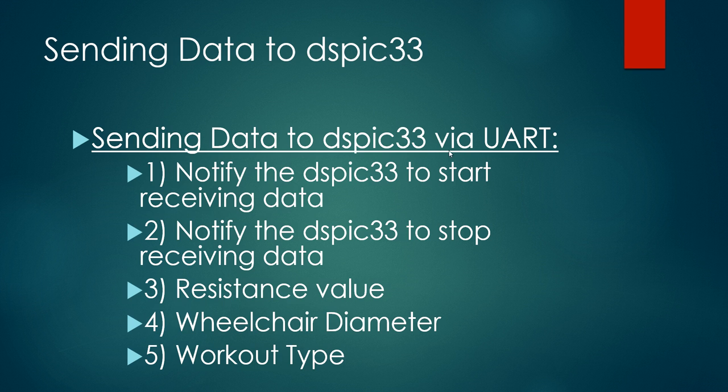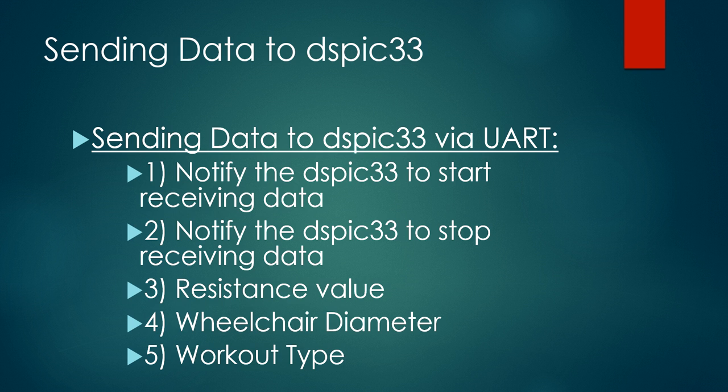As I mentioned earlier, the Raspberry Pi will be sending data to the dspic33. In general, the Raspberry Pi will be sending data to the dspic33 via UART cable. So what is that data being used for? The data is going to be used for notifying the dspic33 whether to start receiving data or stop receiving data.